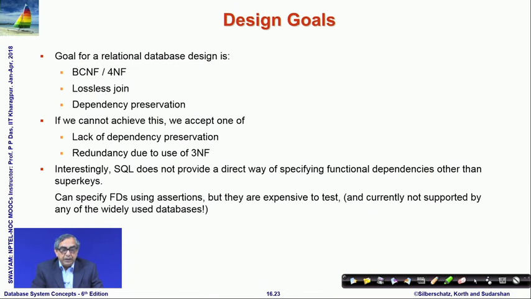No other functional dependency or multivalued dependency or other type of dependencies can be specified or checked in SQL. You can do that using assertions; while discussing SQL, I had talked about assertions. But that too is very expensive to test, so it is usually not supported by any of the widely used databases, because that slows down every process very much.